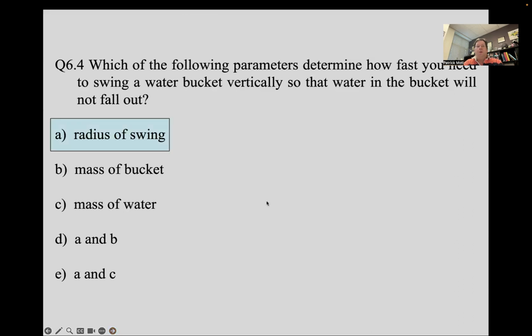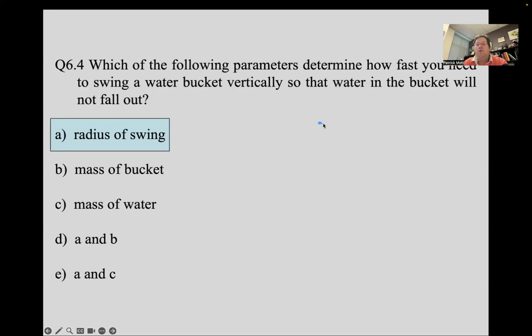Right. It just depends upon the radius. The mass of whatever is going through the circular motion cancels out. And let's see if we can think about why. Try to draw a free body diagram for the bucket of water when it's at its highest point.